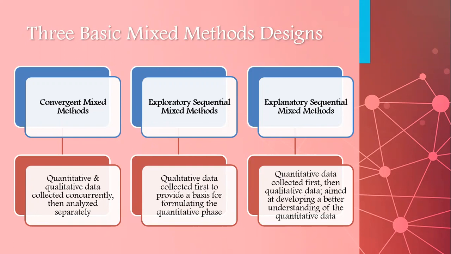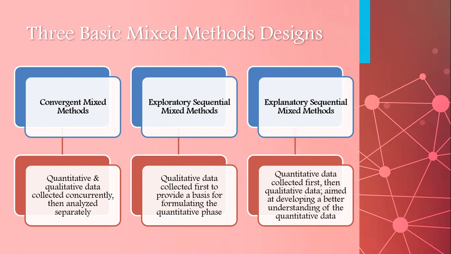So in convergent mixed methods, essentially both quantitative and qualitative data are collected concurrently and then analyzed separately. In exploratory sequential mixed methods, qualitative data are collected first and provide a basis for formulating the quantitative phase of the study. So qualitative methods come first in exploratory sequential mixed methods designs.